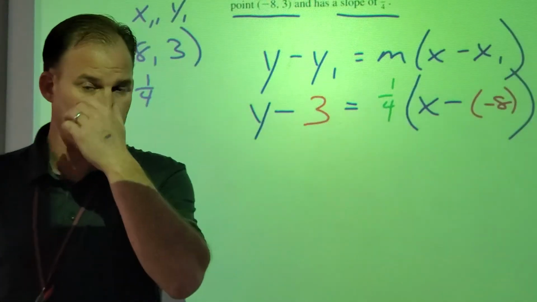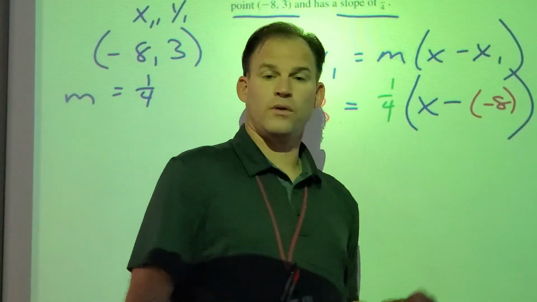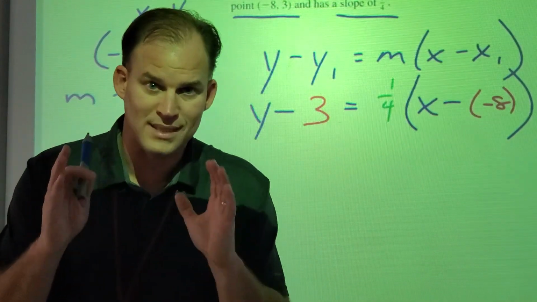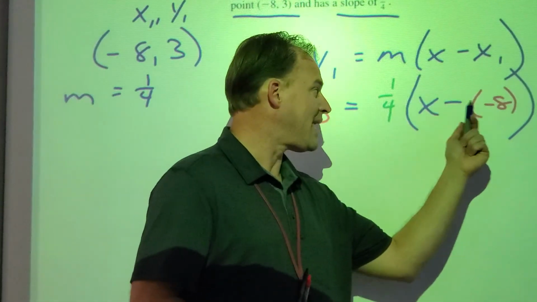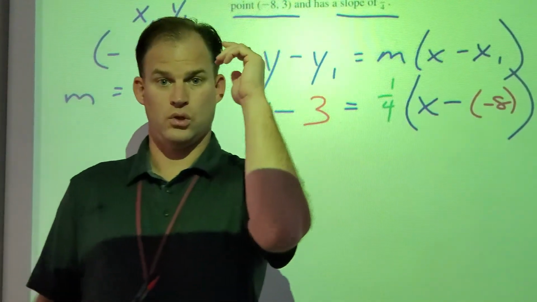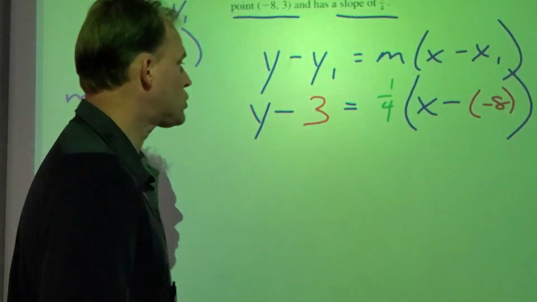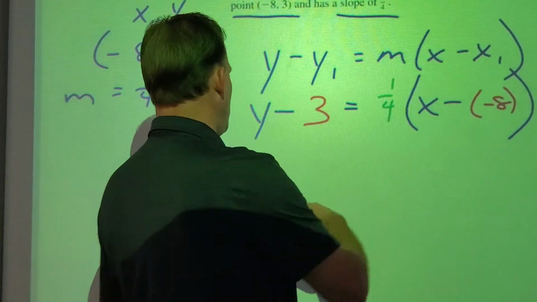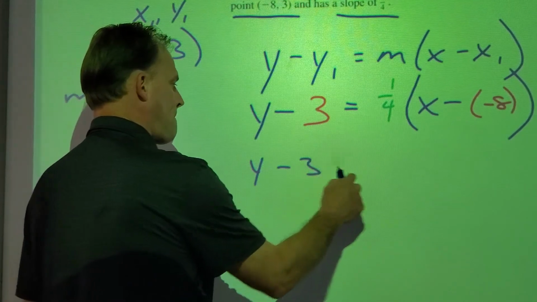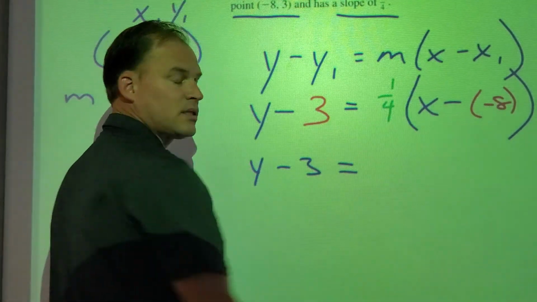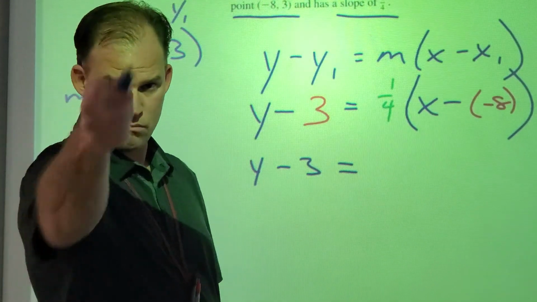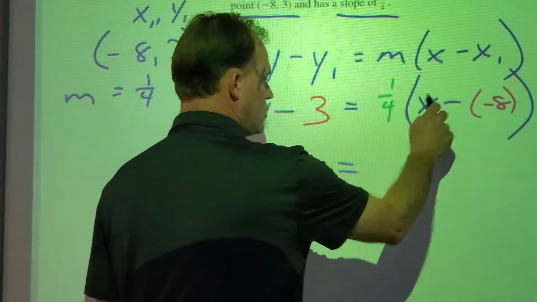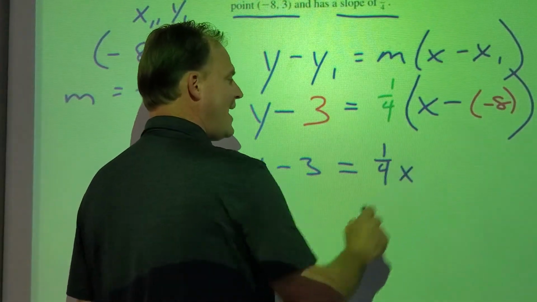Now, as you do a couple of these, you'll hopefully recognize it's really, really important to watch the signs here. Remember, minus negative 8 is going to turn into a positive. So, let's clean this up a little bit. I see a number in front of parentheses. What am I going to do? Distribute. So this becomes 1/4 x.